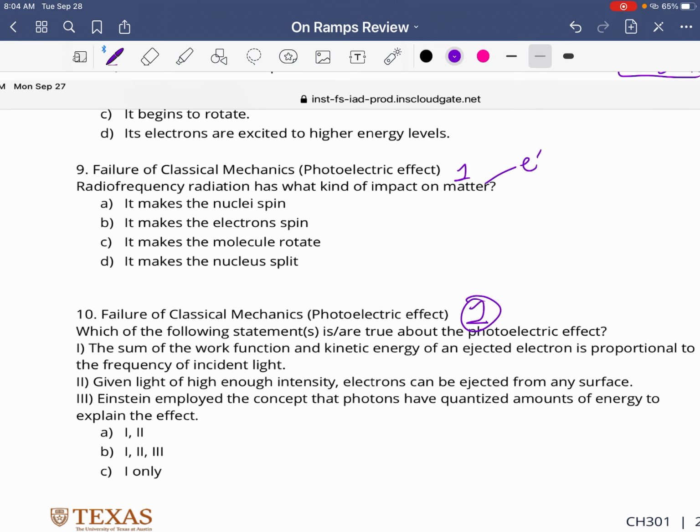And we know that nuclei spin is a radio. Okay? I don't believe any of them cause your electrons to spin. Oh, no. JK. Microwave does.